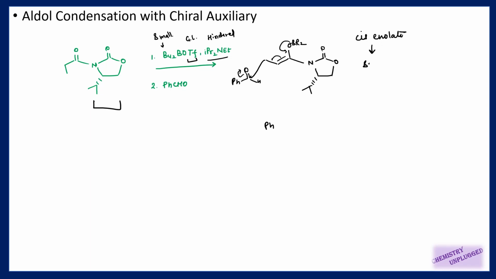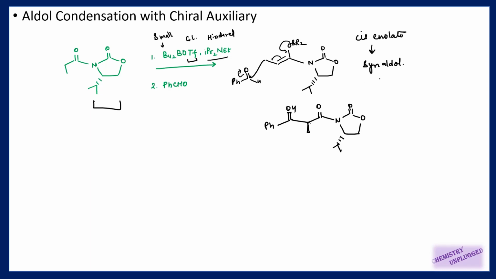Syn aldol means we will get a product like this: suppose my OH is above the plane, then this methyl group, this one, should also be above the plane, and the rest of the part will remain as such. Now what is the use of this chiral auxiliary? We know that it will give us syn aldol.